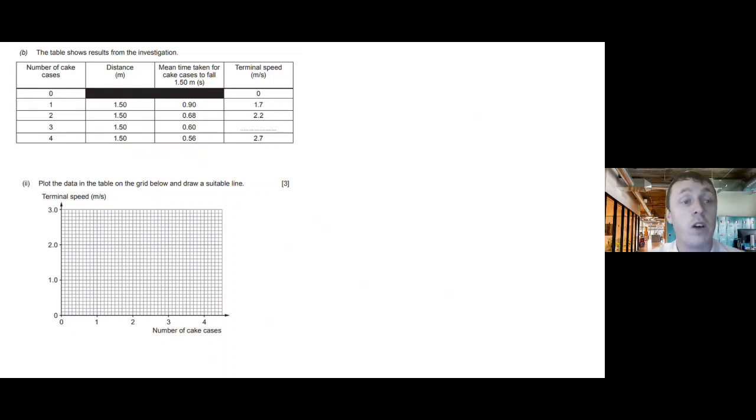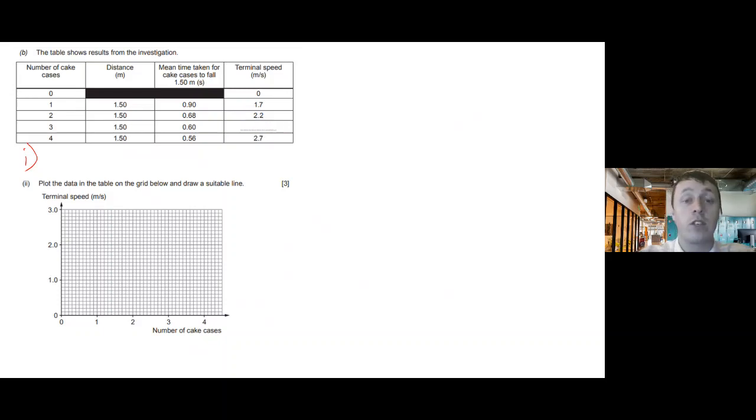Here we've got a question where you have a table, and now it's a plot question. So first of all, the table shows the result from the investigation. Part I, which I have removed because it's not part of the graph, which is to calculate the missing value, which requires use of an equation, but we'll ignore that for now.